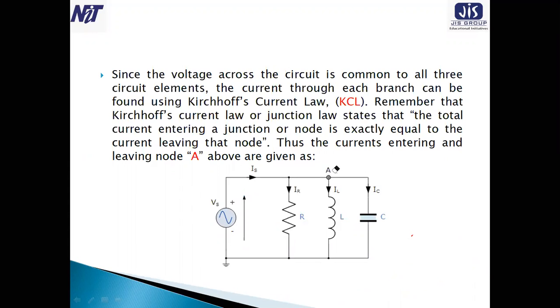We can consider A as a common node because all three are connected in parallel. So only one incoming current is here, this Is, but the other three are all outgoing currents. So we can easily say that Is equals IR plus IL plus IC.